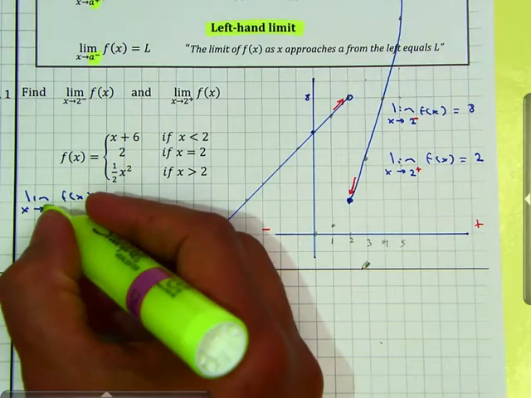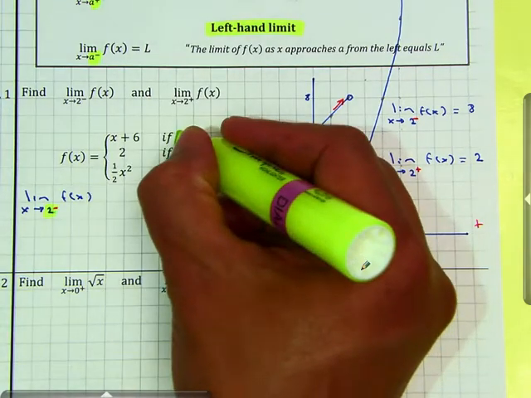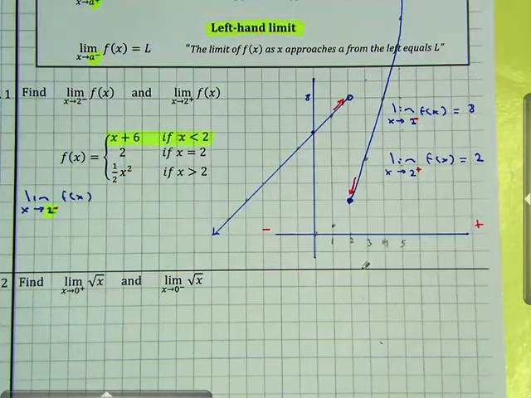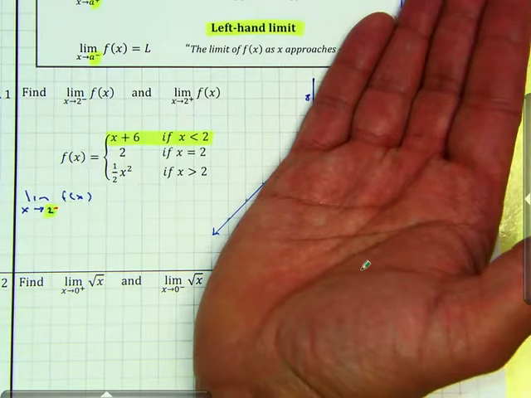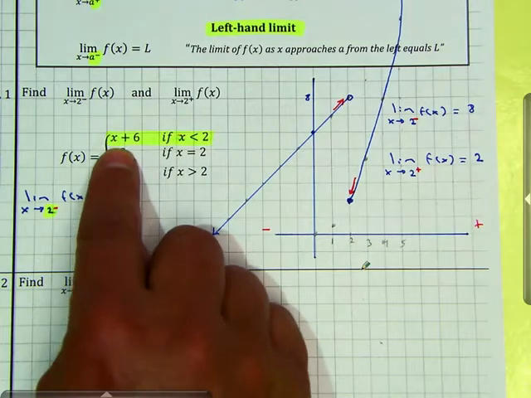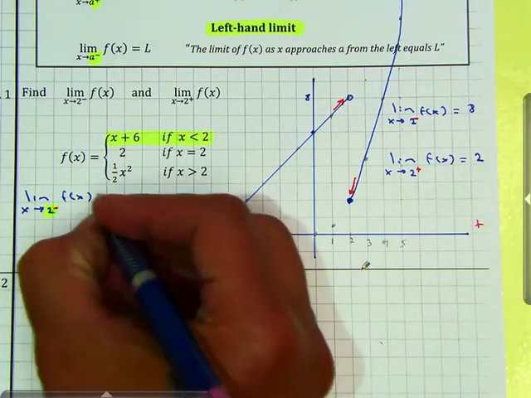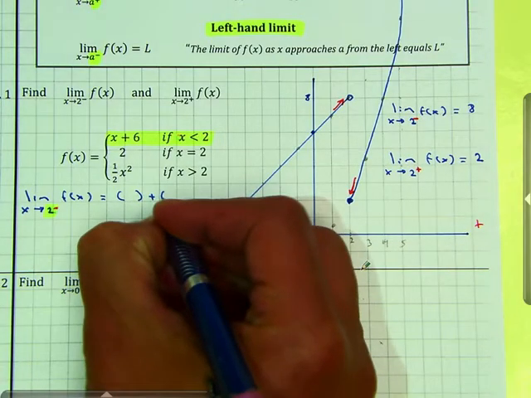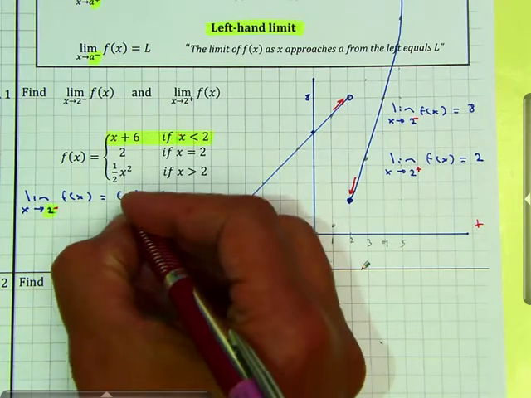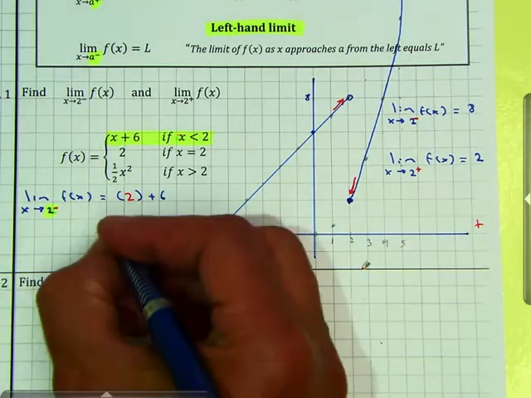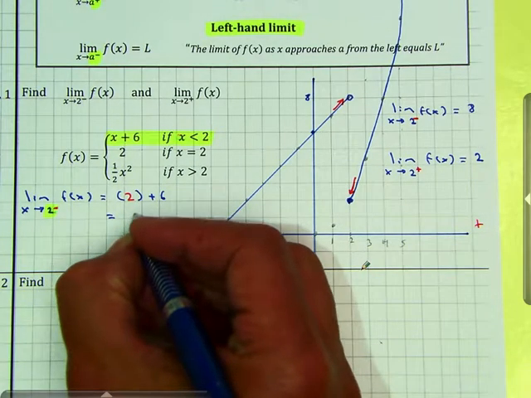If it's from the left, I'm going to use this piece. So even if you can't graph it, you should be able to calculate your limit using the equation. So therefore, it'll be x plus 6, and we know that we can just plug in a 2 because this is a linear equation. So that'll give me 8.